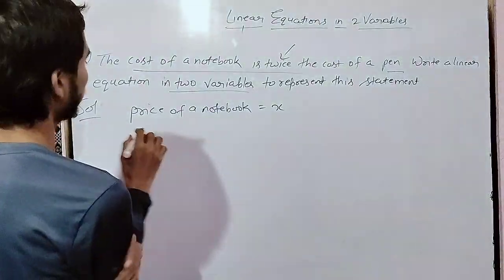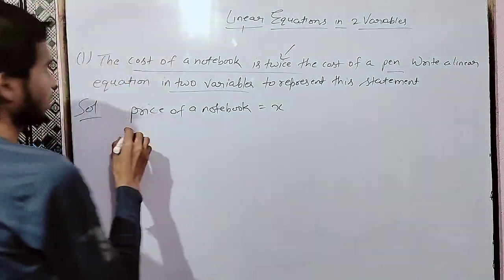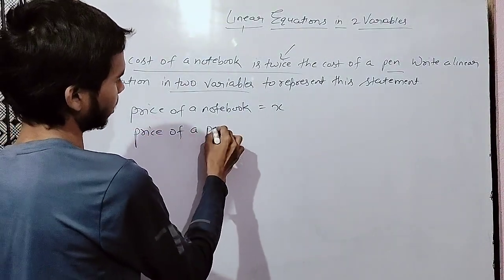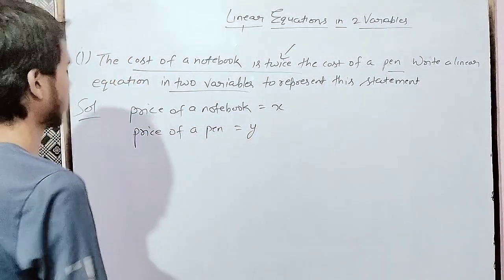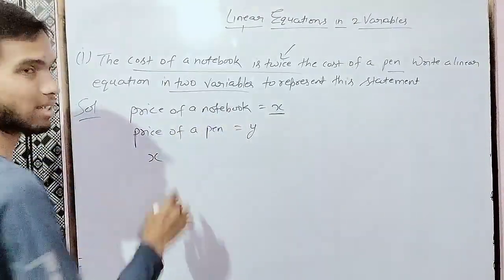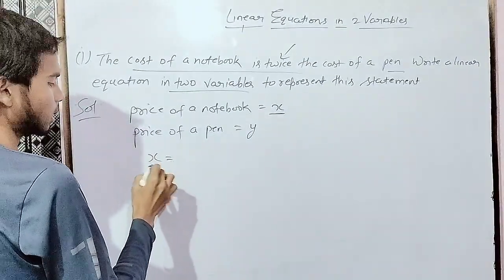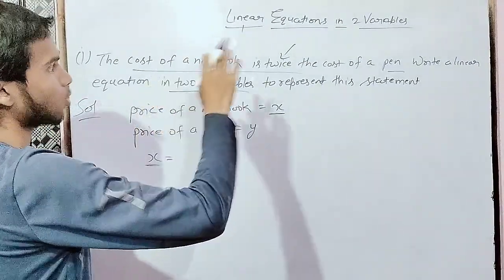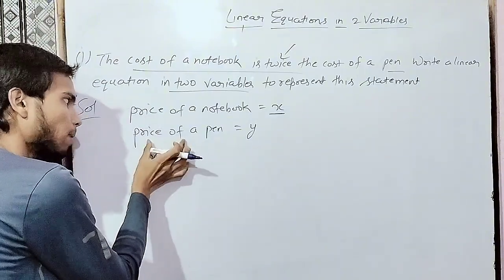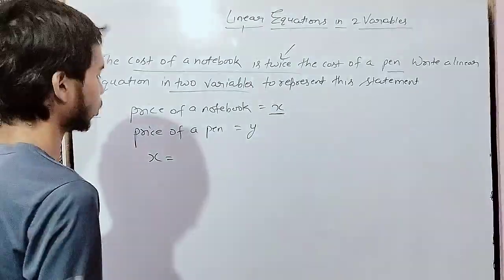Okay. So next, what else? Price of a pen is what? Y. Now, price of a notebook is x, and the statement is saying the price of a pen would be 2 times the price of a notebook.